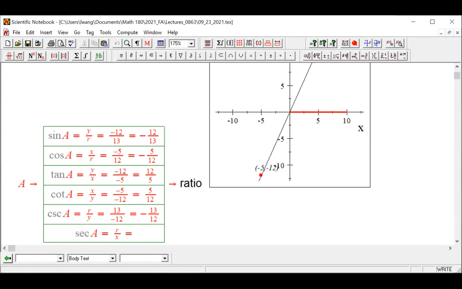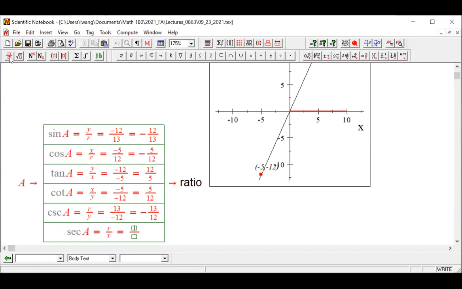Okay, equals 13 over -5. So -13 over 5. Do you guys get it? Apply definition. That's all I want you to do. So quiz number, you did cosine A wrong. Oh, yes, you're right. This is 13. Thank you for spotting my mistake. Great job. You guys get it?